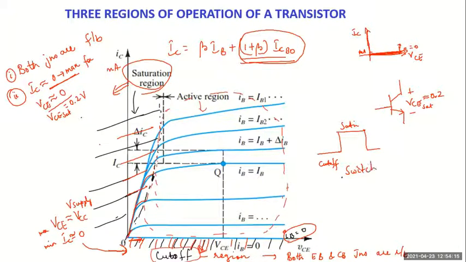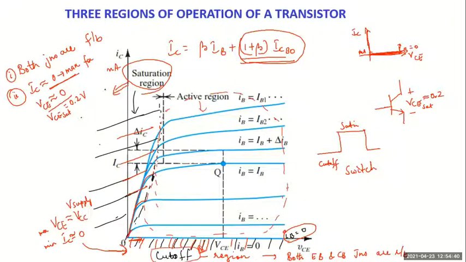That is when the transistor will be working like a switch. Please remember these characteristics. In cutoff, both junctions are reverse biased, 0 current through the transistor, and the voltage across the transistor will be the same as the power supply.